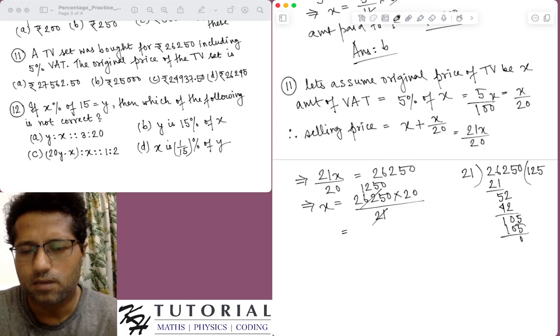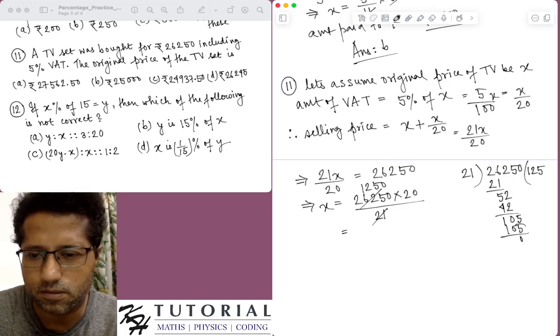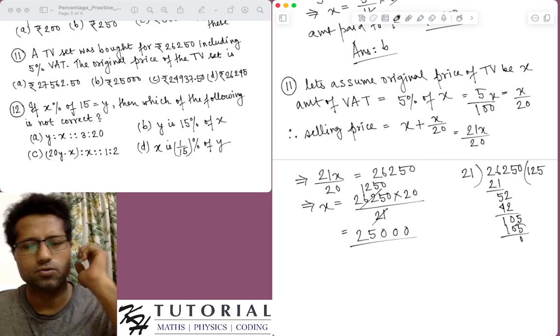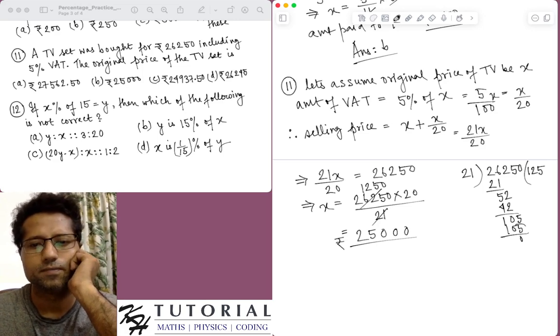So this should be 1250 multiplied by 20, which is 25,000. So 25,000 should be the original price of the TV. So the answer is choice B.